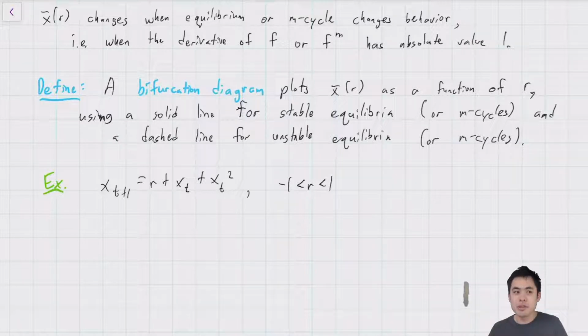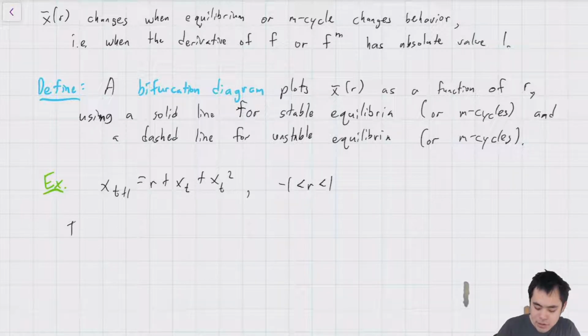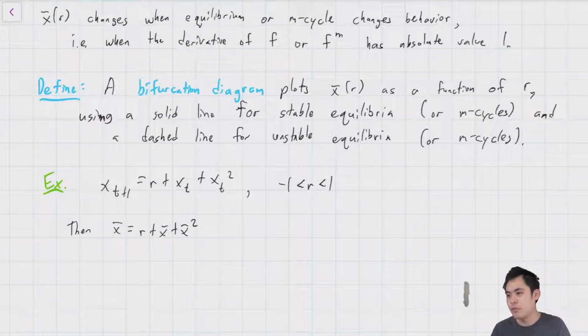Okay, so what are the equilibria? Well, that's easy enough, right? So then we know that x bar is equal to r plus x bar squared. And I am abusing notation a little bit to refer to both the set of equilibria as well as each individual equilibrium.